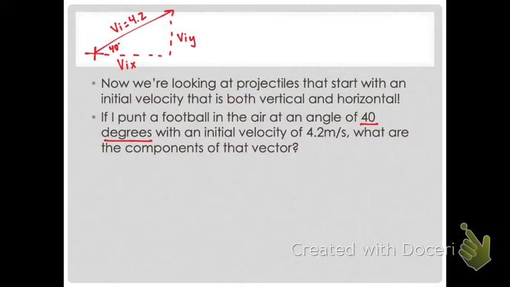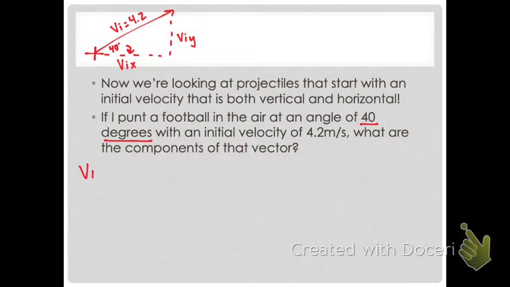For VIY, initial vertical velocity, am I going to use sine or cosine? For y, am I going to use sine or cosine? Sine, because it is opposite and I have the hypotenuse. Okay, so actually, let me do that again. I always do x first. I don't know what I'm thinking here. I always do x first, okay? So for x, I'm going to use cosine.